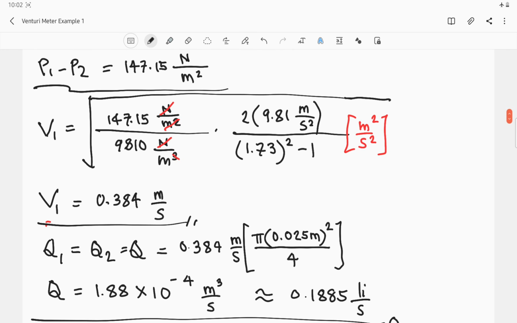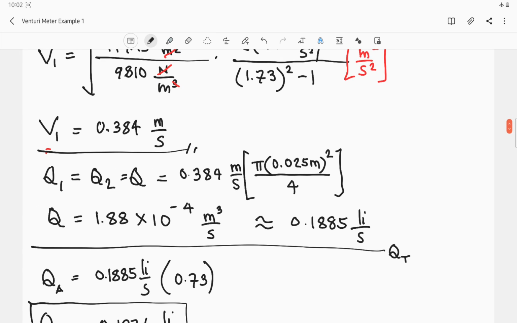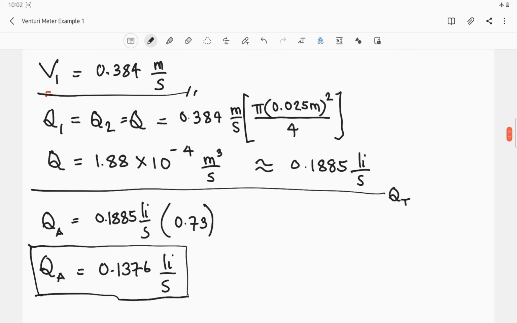We solve the theoretical velocity as 0.384, and the theoretical discharge as 0.1885 liters per second. Then we multiply it by 0.73 C, so the actual Q is 0.1376 liters per second.